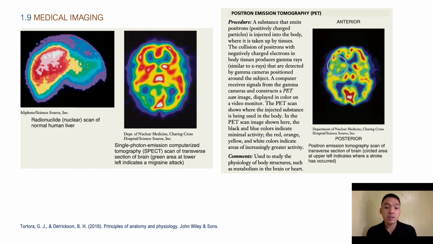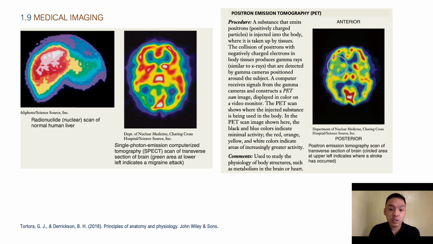In the PET scan image shown here, the black and blue colors indicate minimal activity. The red, orange, yellow, and white colors indicate areas of increasingly greater activity, and you will learn more about that when we deal with PET scans in future lessons.